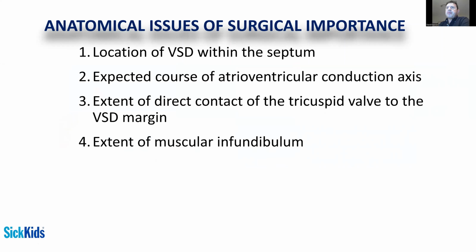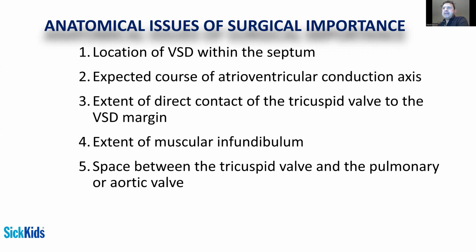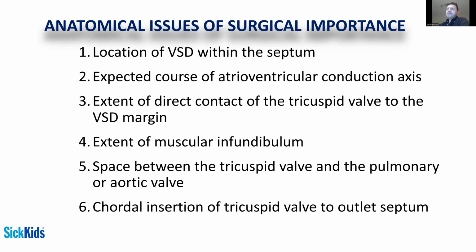Think about the infundibulum: how long is it, how extensive is it, how does it relate to the VSD? And think about the space you've got between the tricuspid valve and the pulmonary and aortic valves, because that's going to be an important part of some of your intraventricular baffling in order to try and get a corrected physiology and a corrected anatomy.